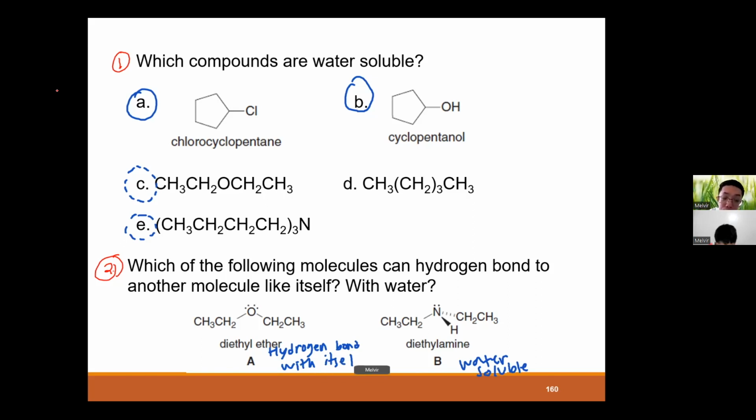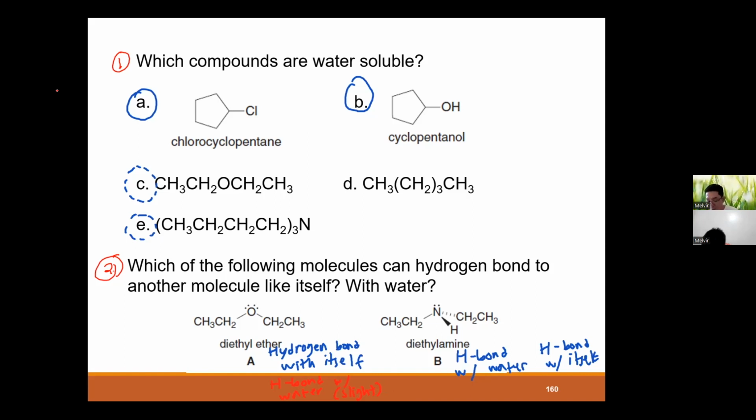Or pwedeng dalawa sila, Josh. Kaya niya makipag-hydrogen bond sa sarili niya at makipag-hydrogen bond sa water. So, Josh, yung diethyl ether, it can hydrogen bond with water. I mean, the diethyl ether can also hydrogen bond with itself, right? That's your answer? Okay, sige.